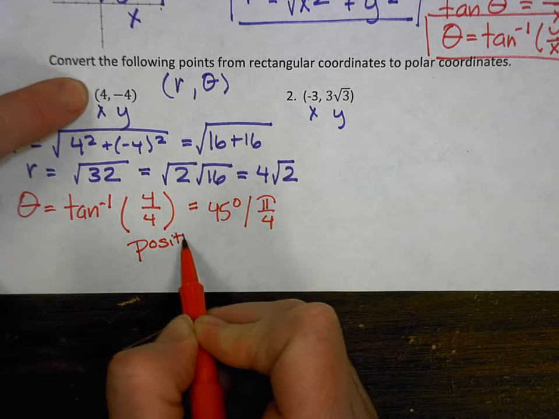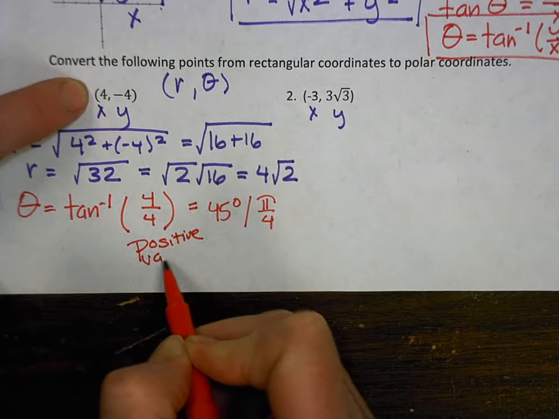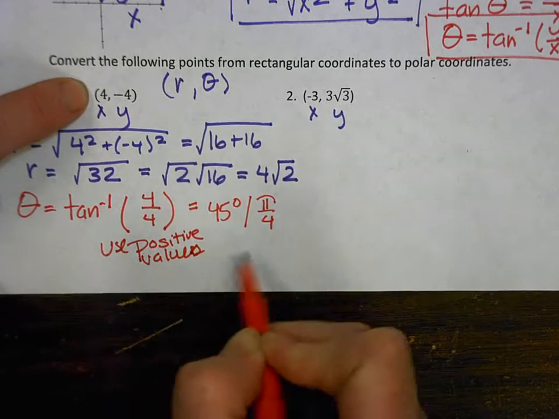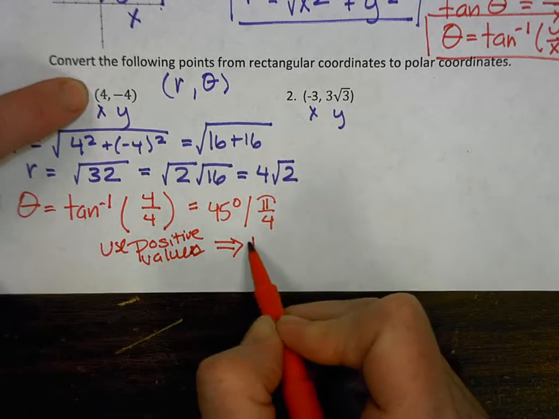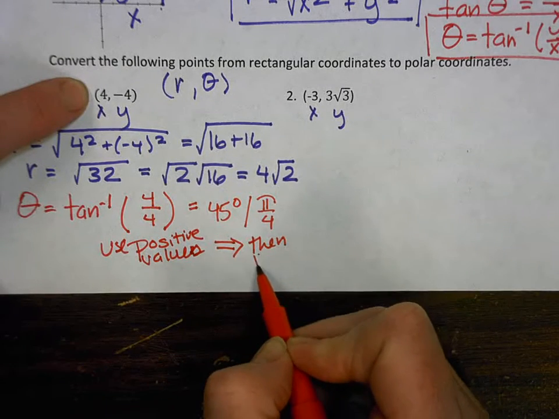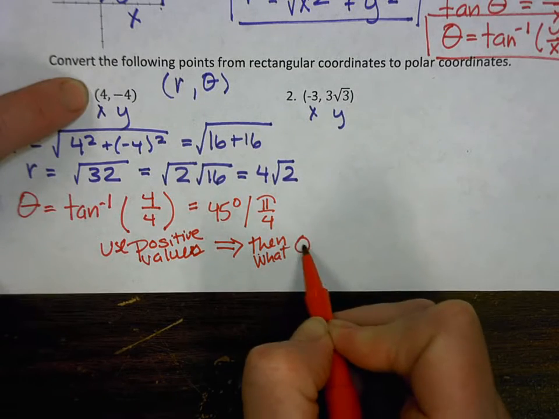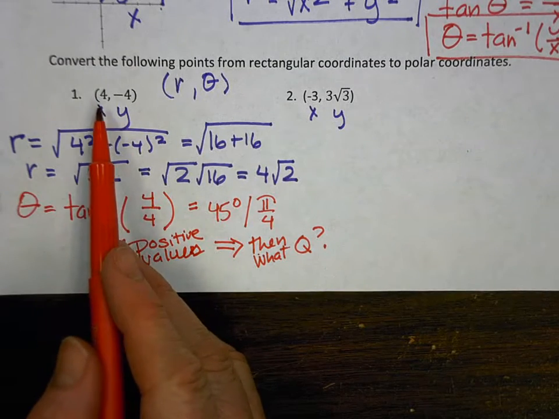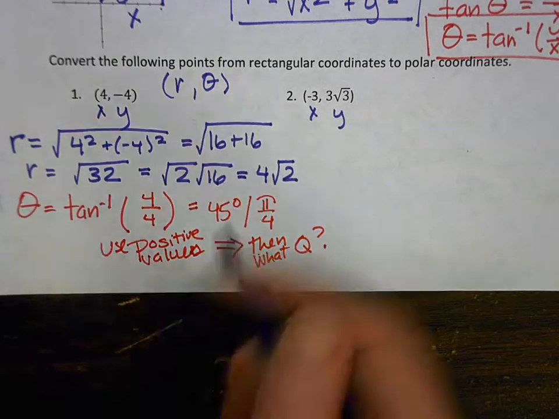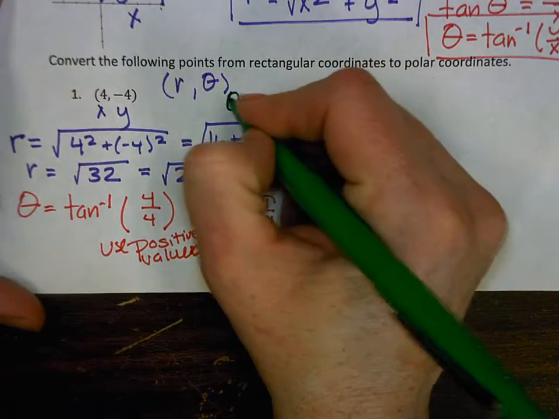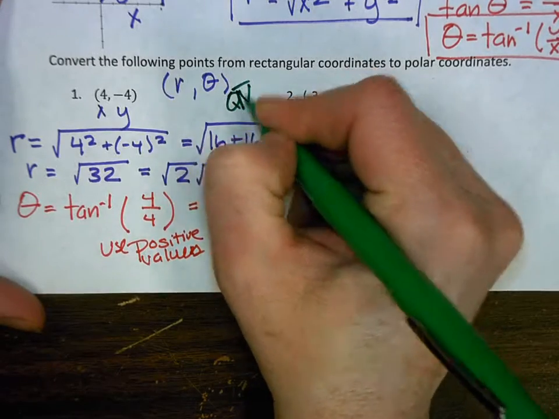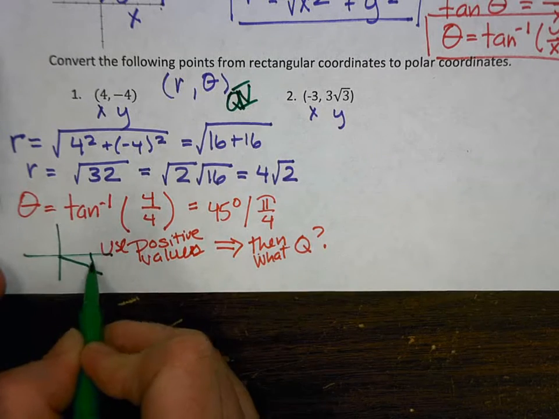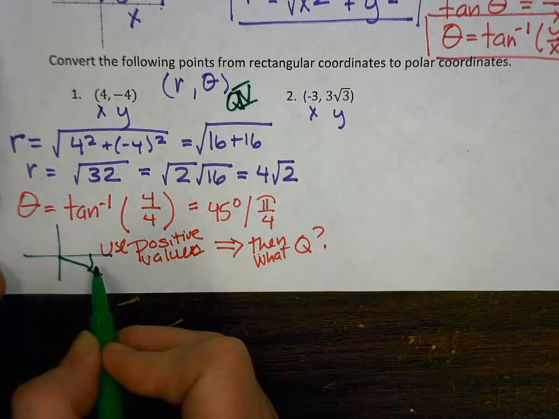When you're figuring out theta, you use the positive values, but then what quadrant is this point in? Positive, negative. It's in quadrant 4. So let's write that up here. This is in quadrant 4. So let's draw that.